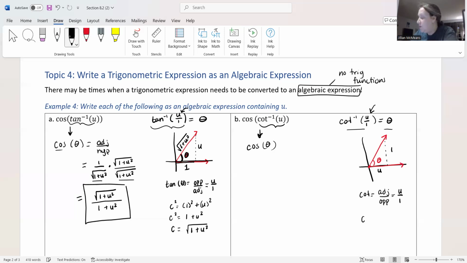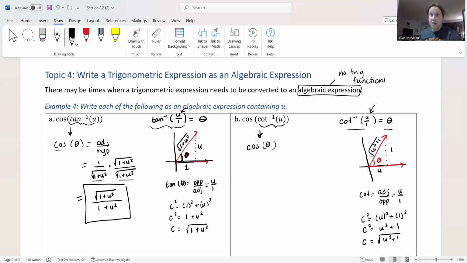So we're going to call the hypotenuse c. c squared is equal to a squared plus b squared. So c squared is going to equal u squared plus just 1 because 1 squared is 1. And then when we take the square root of both sides, we get that c is equal to the square root of u squared plus 1. And now we have our angle theta.